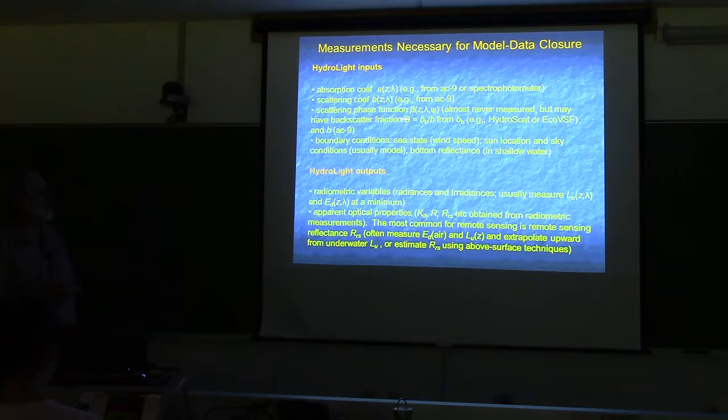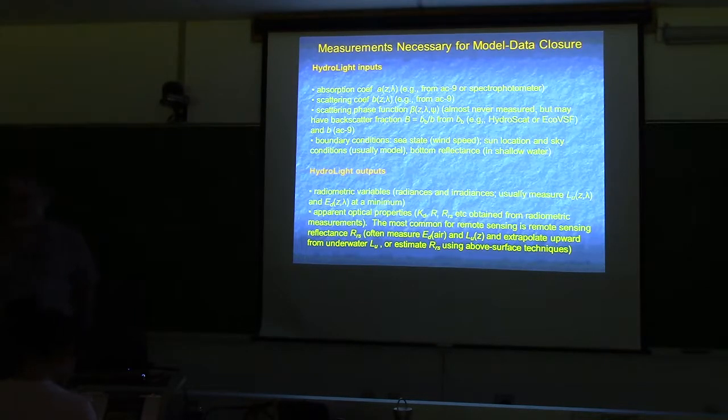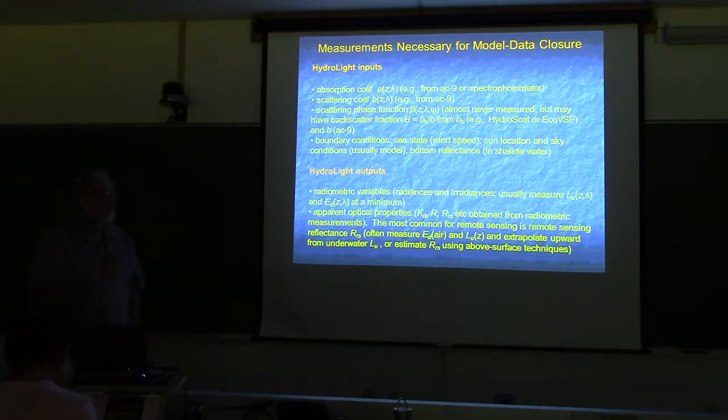That's almost never measured, but maybe you have a backscatter instrument so you can measure the backscatter coefficient, and then you have the total scattering coefficient from up here, and you would get the b_b from something like a HydroScat, a BB9, one of those instruments. Then you could use the ratio and let Hydrolight generate a Fournier-Forand phase function that has that backscatter fraction, which in general is going to be a function of depth and wavelength.